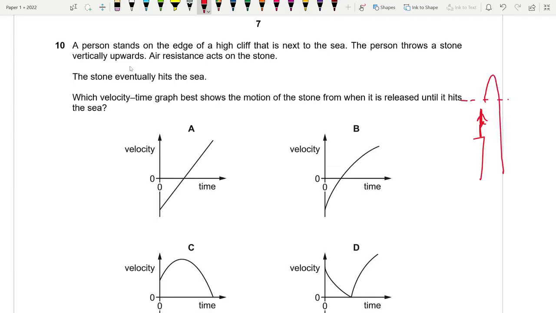So when it's going up, guys, think about it. It is experiencing weight plus air resistance downwards, and it's going to reach a maximum height. Okay, so it is going up initially. It goes up before it goes down.